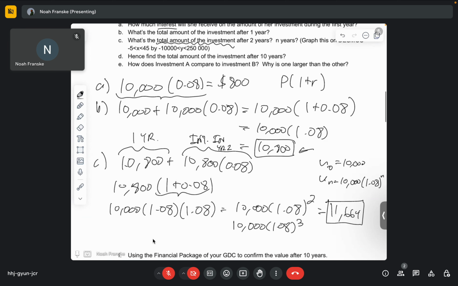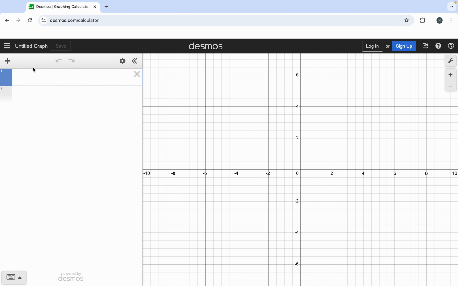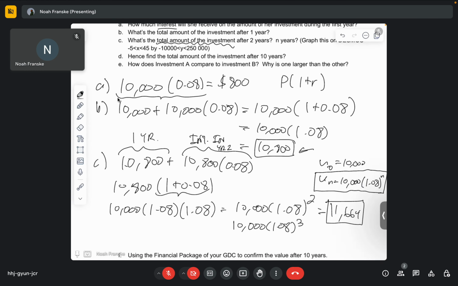Now, after n years, that's this formula right here. And they want us to graph that on Desmos. Let's do that. So they want us to graph 10,000 times 1.08 raised to the, I'm going to use x here because we are dealing with x's and y's. You can do a y equals at the front if you want to. And they want us to graph this on a certain window.